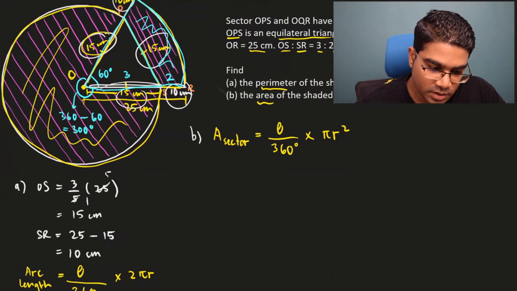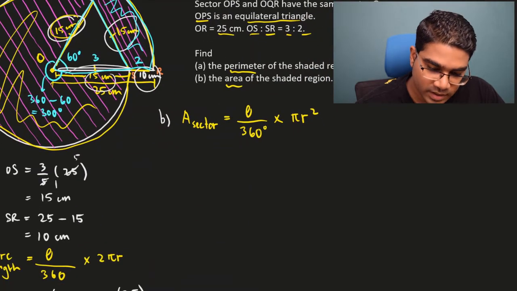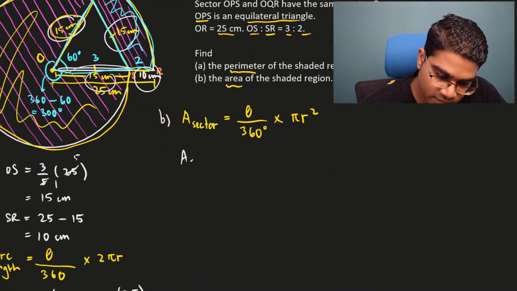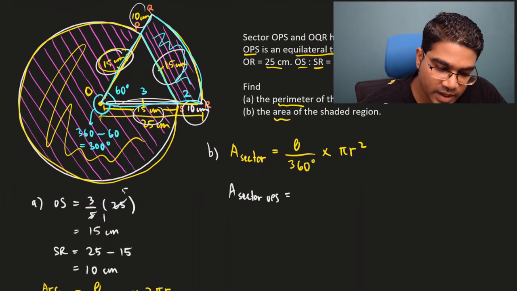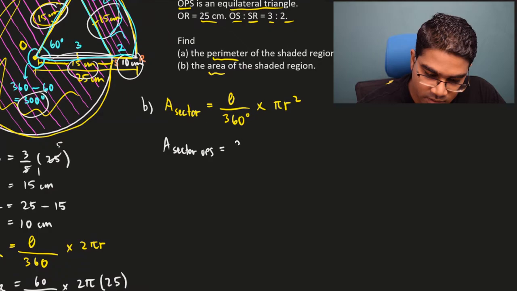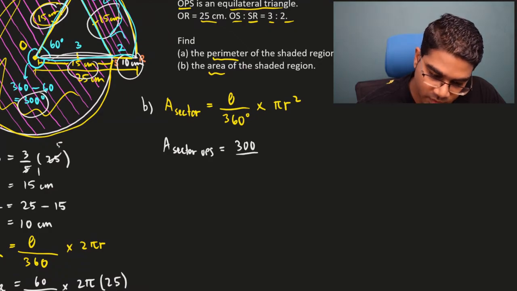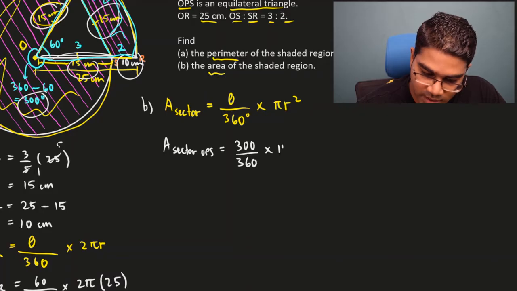So the area of sector OPS, we already have all our angles. So for OPS, the angle is 300 here, as we found earlier. So this will be 300 over 360 multiplied by pi r square.